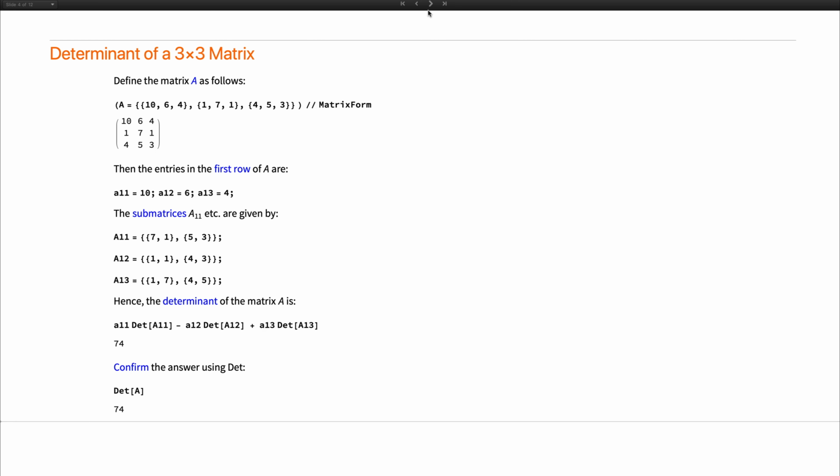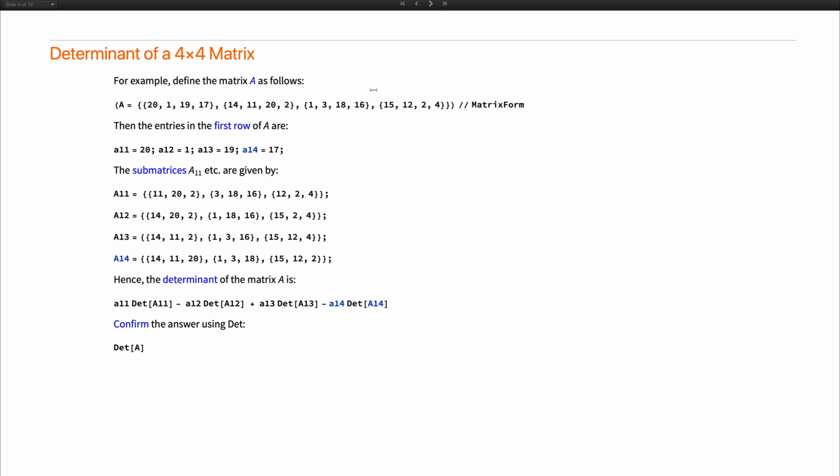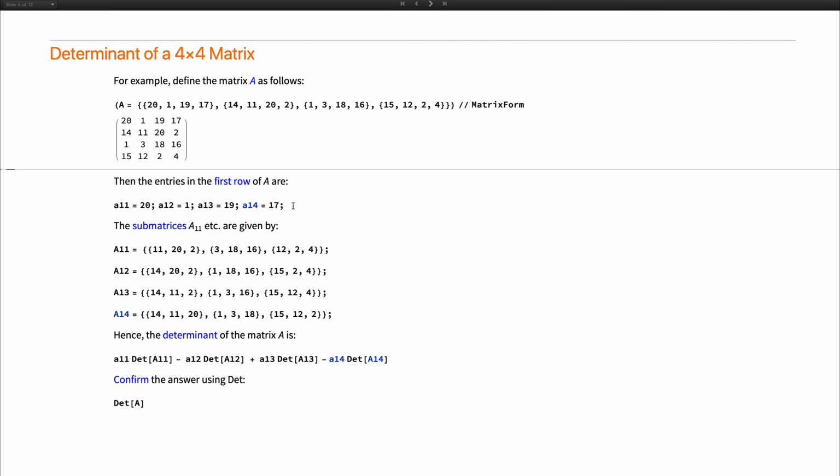Now let's take a slightly larger example with a 4 by 4 matrix. Now you have 4 elements in the first row: 20, 1, 19, and 17. You can work out the corresponding submatrices. The first submatrix, A11, for example, is going to be 11, 22, 3, 18, 16, 12, 2, 4. Then you can work out the remaining 3 as well.